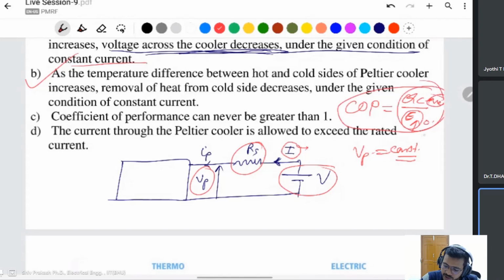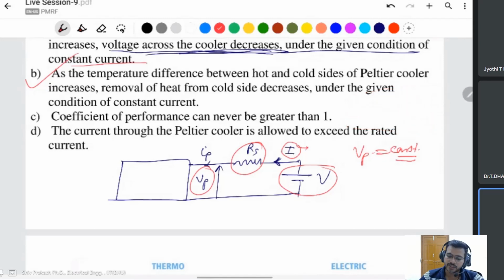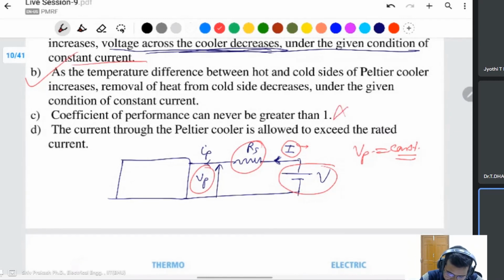It should be greater than 0, because if your electrical supply is 0, some heat will still flow from the air and be transferred from the device, the junction temperature. That's why this is correct. Next: the current through the Peltier cooler is allowed to exceed the rated current. No, no electrical device allows this.